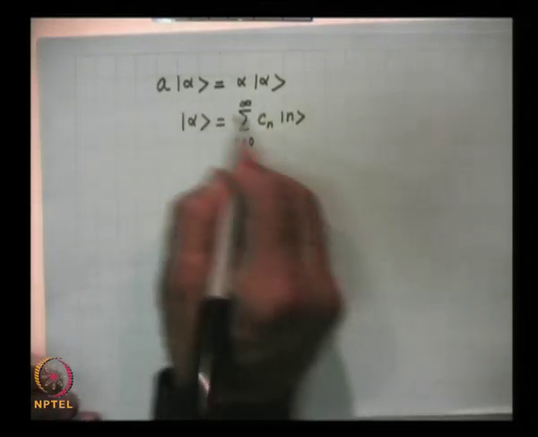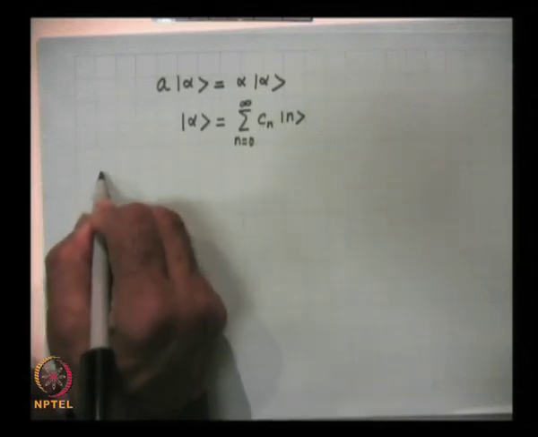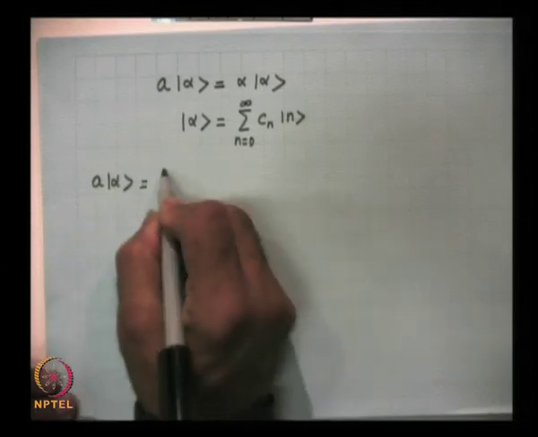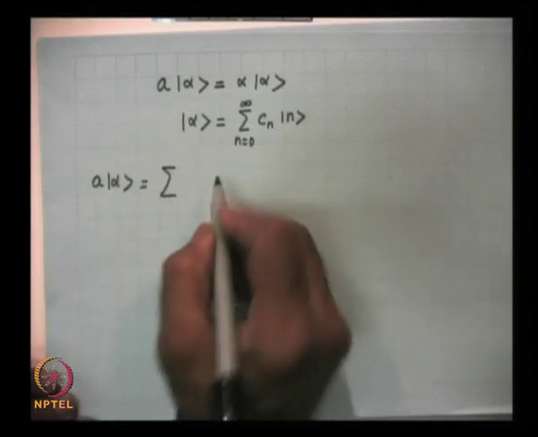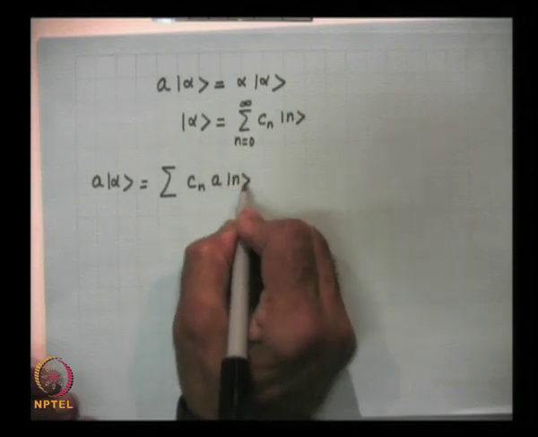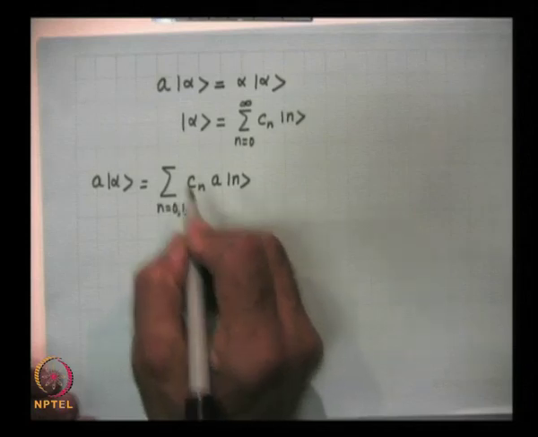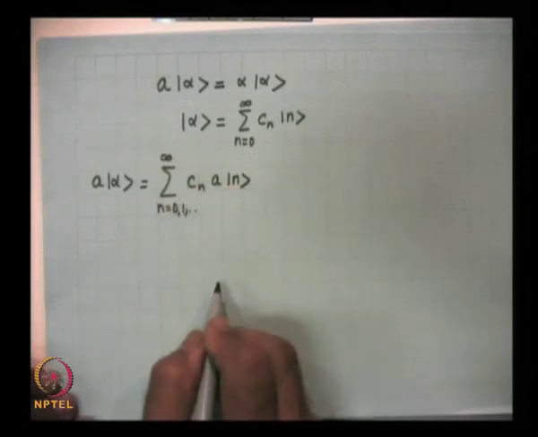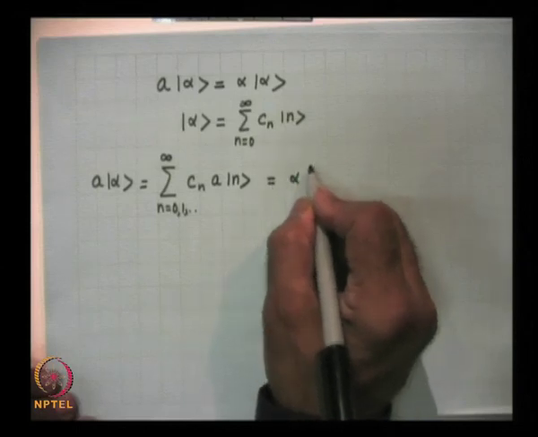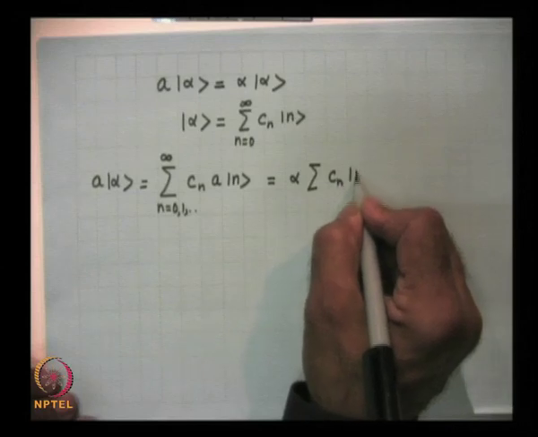A operating on this, the C n's are just numbers. So A operating on ket alpha is just the summation of C n A ket n, n equal to 0 to infinity, and this will be equal to alpha times C n ket n.